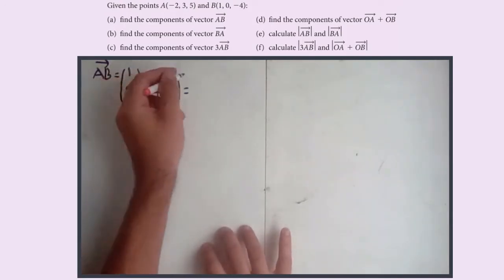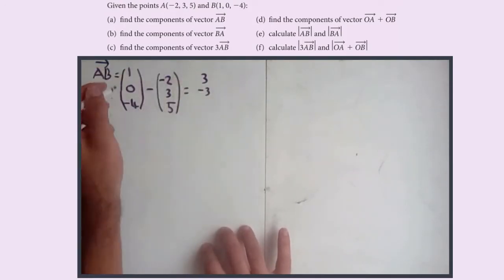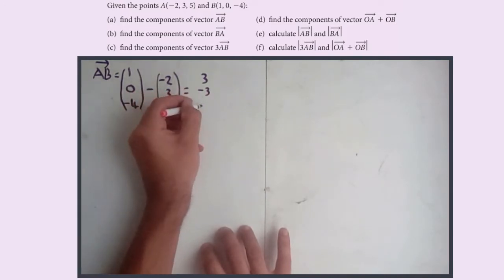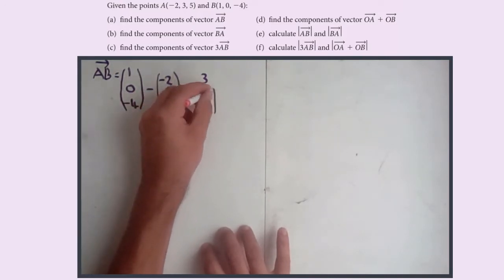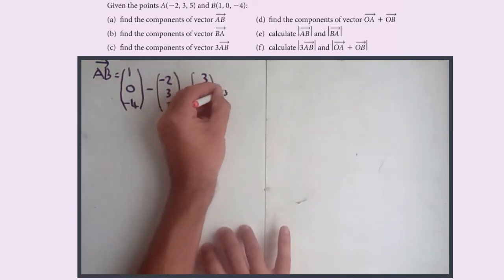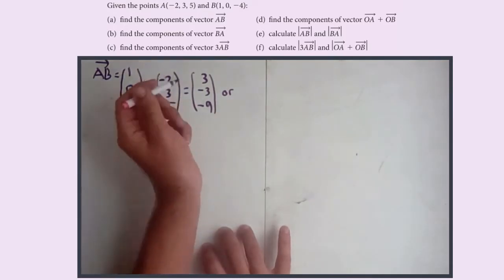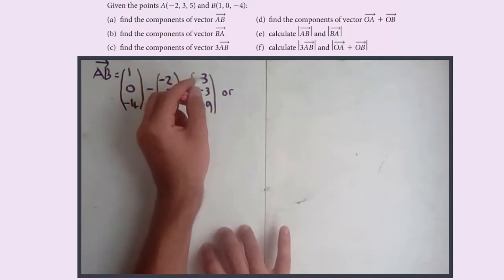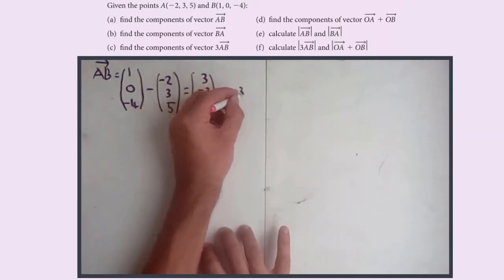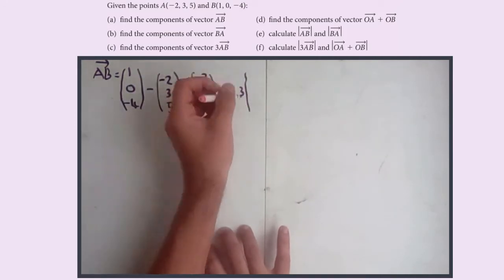So 1 minus -2 is 3, 0 minus 3 is -3, and -4 minus 5 is -9, right? So that is AB. We could pull a factor out of that, which may be useful. You've got a 3 in all of these, so you could say that's 3 times (1, -1, -3).